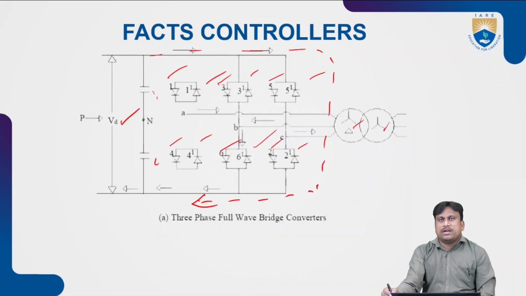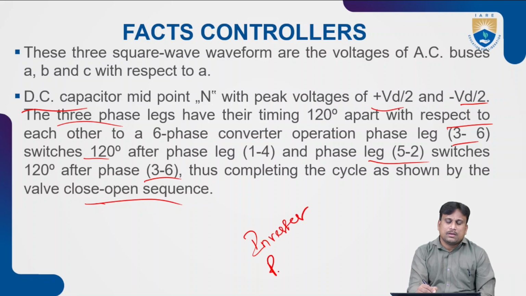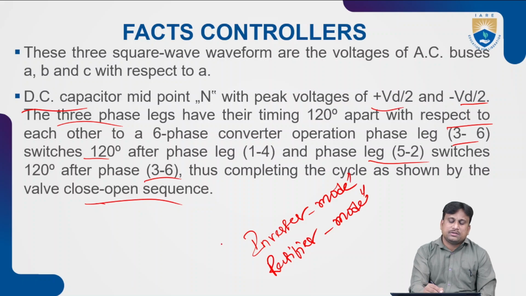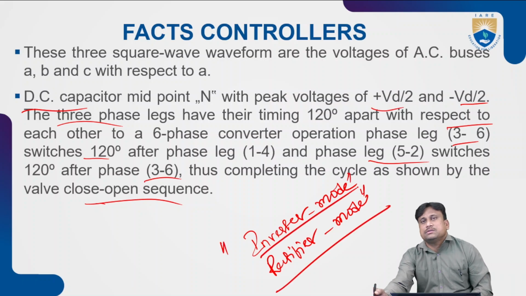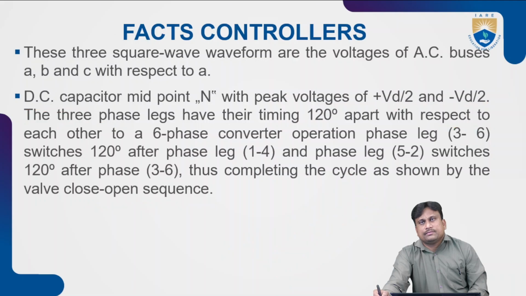So when one set of the devices is in on state, the remaining set will be acting in off state position. So likewise it will be operating for inverter mode, rectifier mode of operation, inverter mode and rectifier mode of operation. So these are the various modes of operations the system can execute for the whole network.